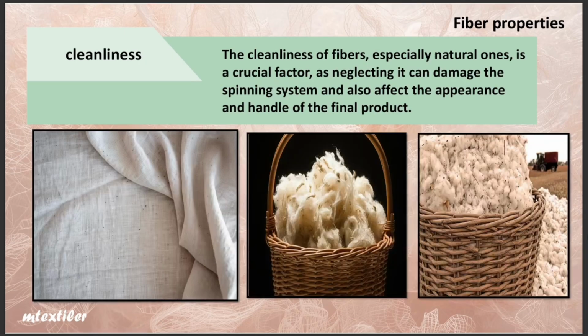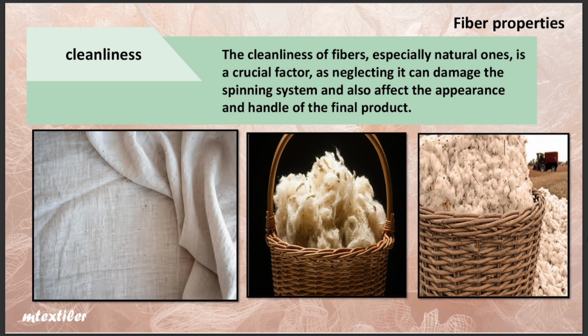The next slide is about fiber cleanliness, in which it is stated, "The cleanliness of fibers, especially natural ones, is a crucial factor, as neglecting it can damage the spinning system and also affect the appearance and handle of the final product."